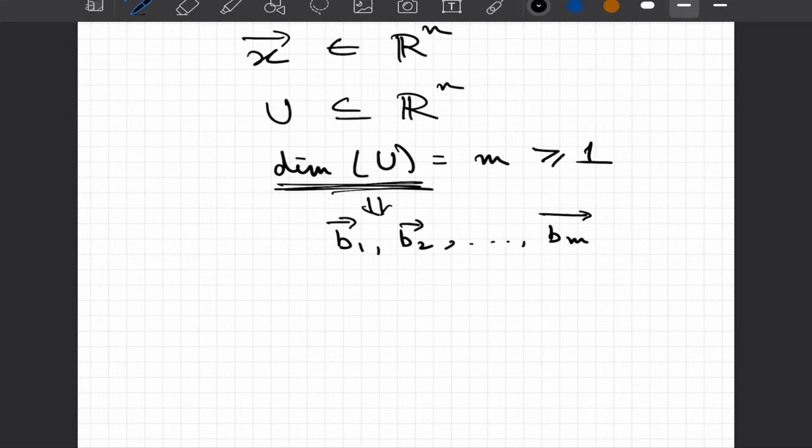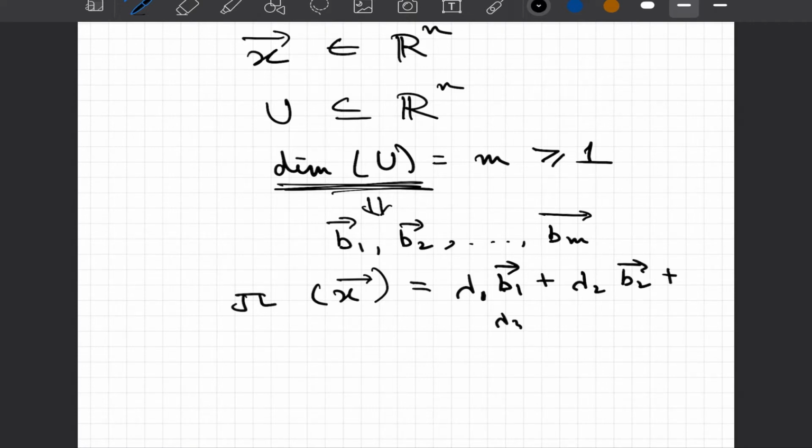Now we are denoting this representation of projections by pi of x, and we can project this pi of x on a lower dimensional vector space. That would mean that this can be written as a linear combination: lambda 1 b1 plus lambda 2 b2 plus lambda 3 b3 all the way till lambda m bm.